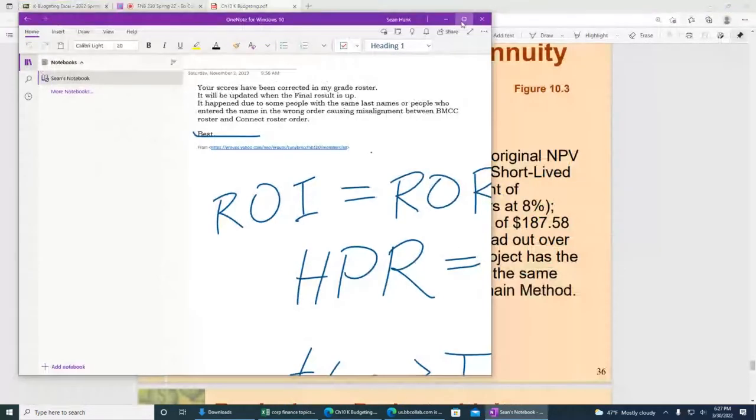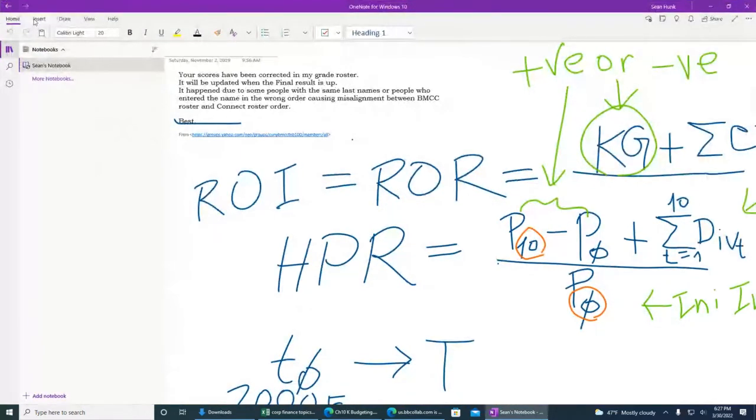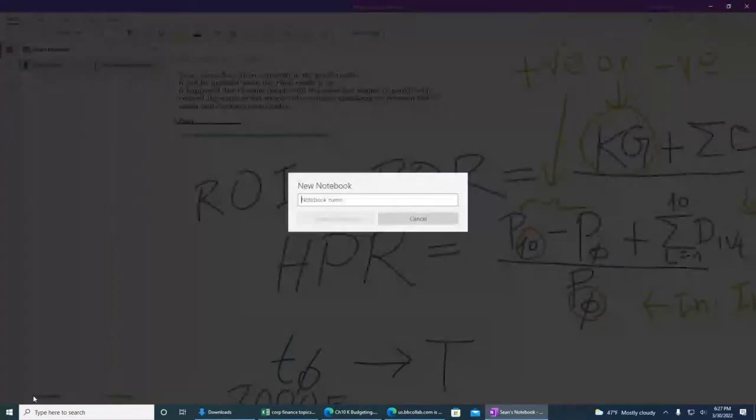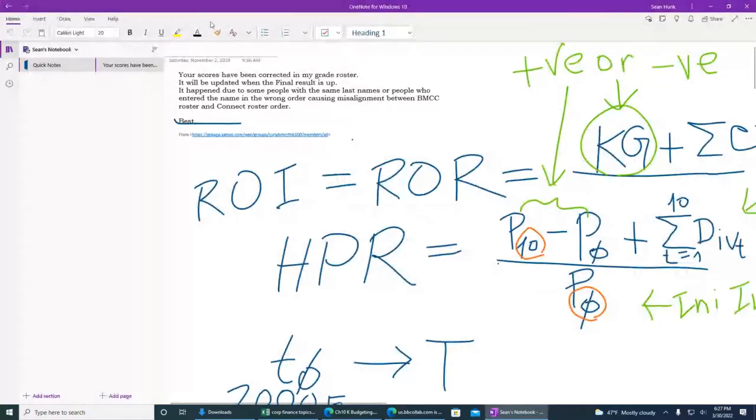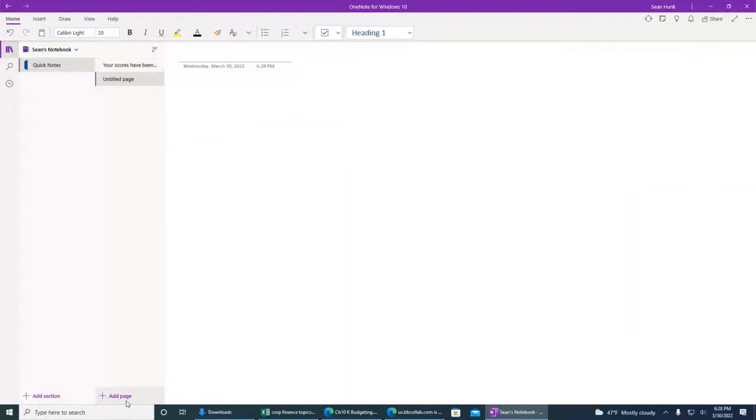Okay, that one I used probably, so I'll get a new one. How do I get a new one? The bottom? Oh, add page. Okay, good. Thank you.